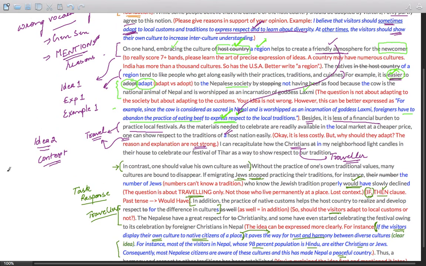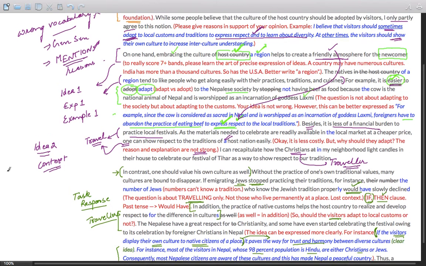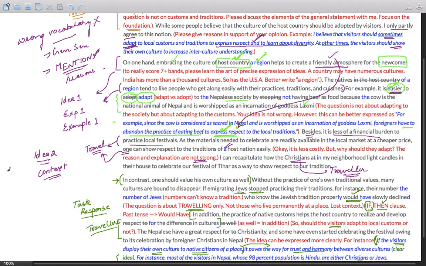There were a number of issues, mostly related to lack of task response. The question demanded something else. The student either used wrong words such as host country, newcomer, or even completely wrong concepts such as the immigrating Jews. They are not traveling, they are immigrating. So there are a number of issues that need to be addressed.